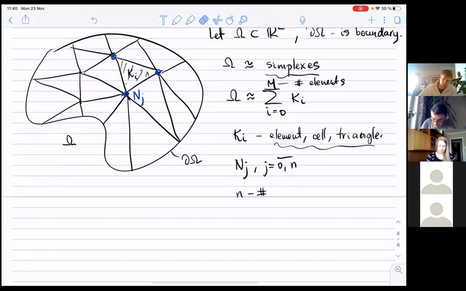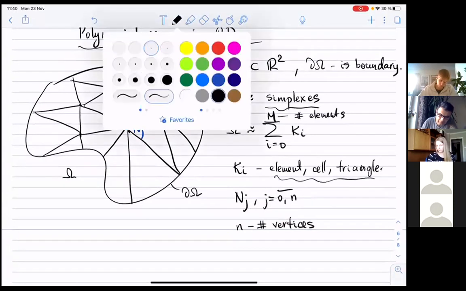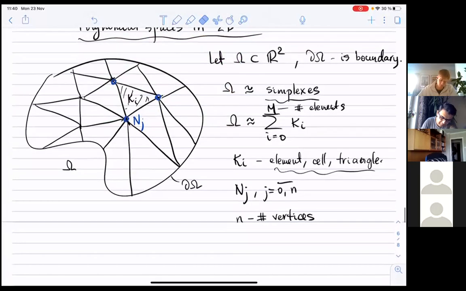We also need to identify the edges. For example, this edge is usually called epsilon; I will call it capital E_K.